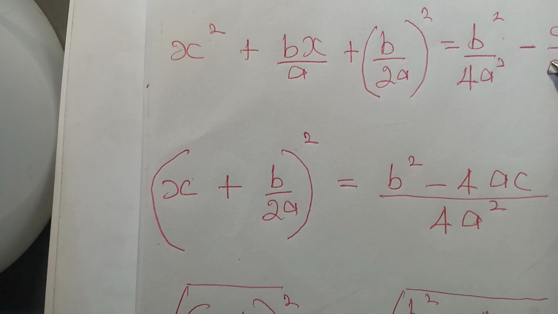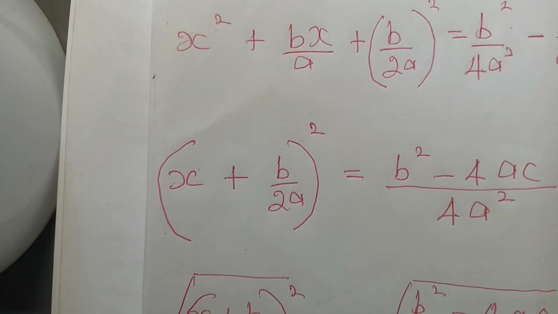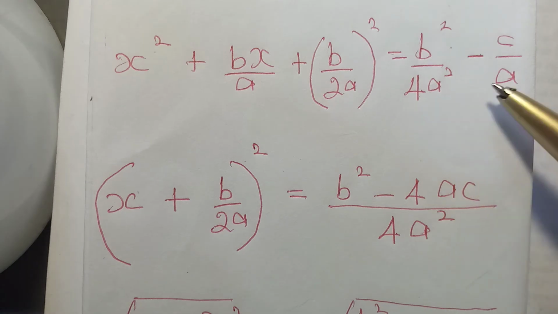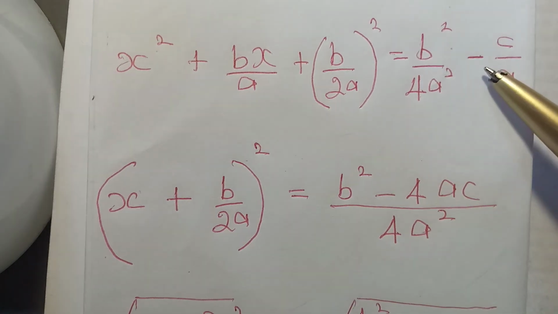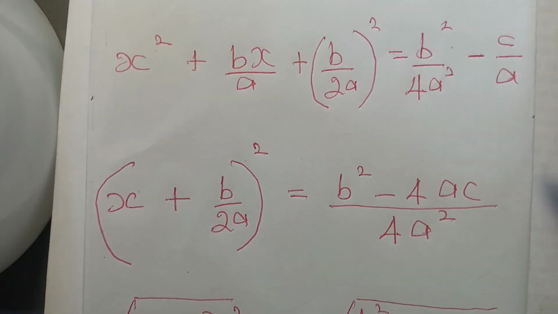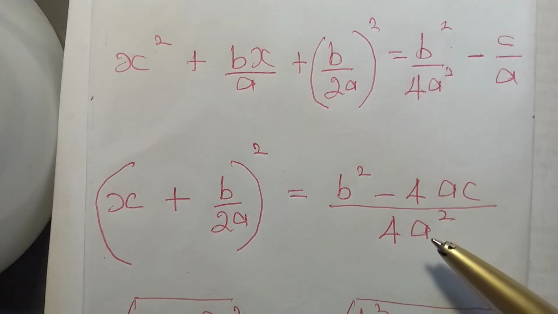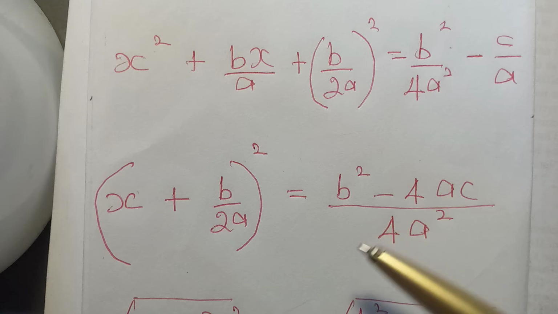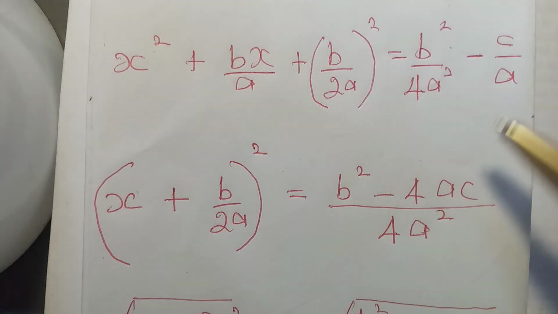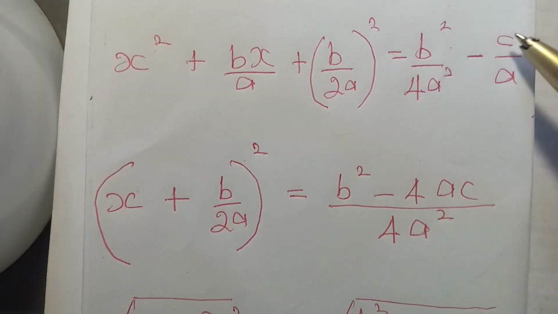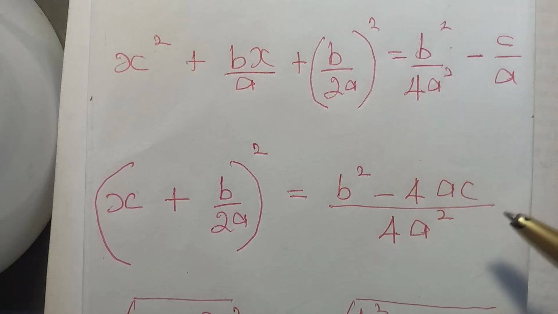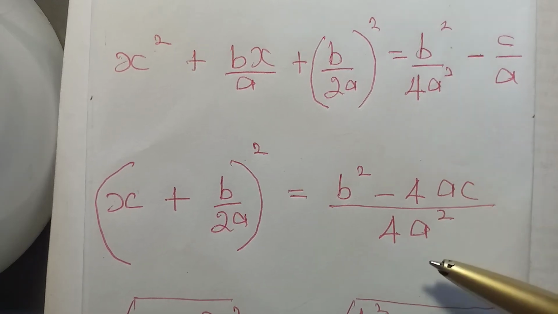Then equals to, this is a fraction. This fraction, you find the LCM because it is separated by a subtraction sign. So the LCM here is 4a squared. 4a squared divided by 4a squared, you have 1. 1 times b squared, you have b squared. 4a squared divided by a, you have 4a times minus a, you have minus 4ac. So that's how you move from this step to this.